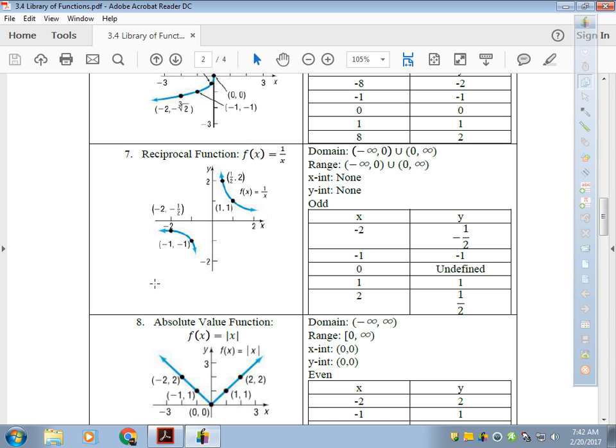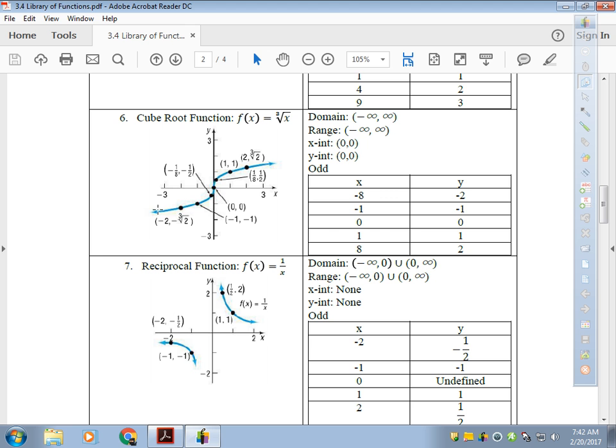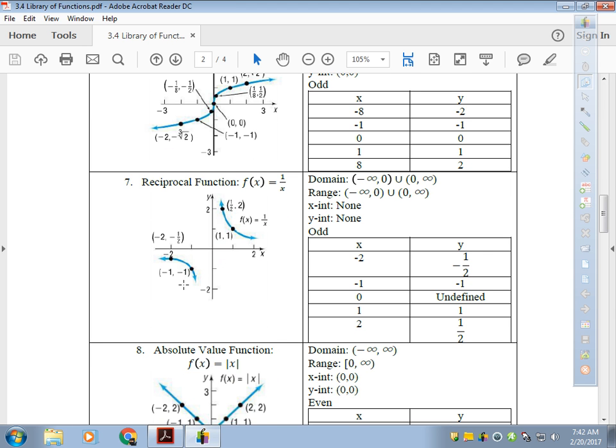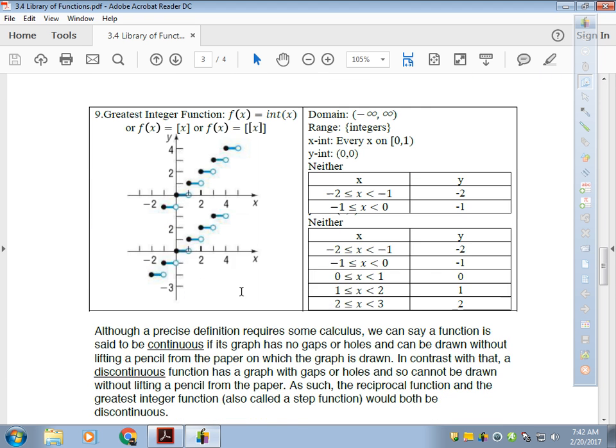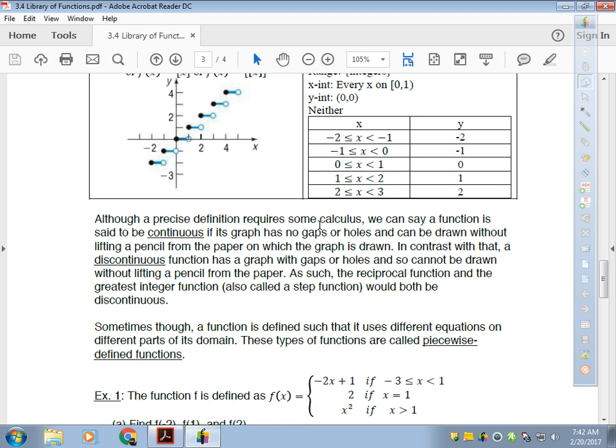Everything else you can draw without picking up your pencil, so the rest of them are all continuous. For the parent functions we've learned, only the reciprocal function and the greatest integer function are discontinuous. Okay? All right, so those are our parent functions.